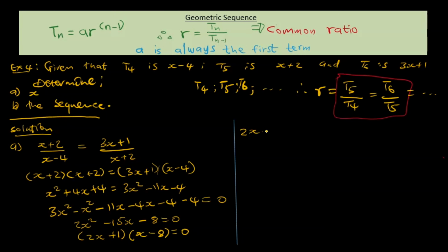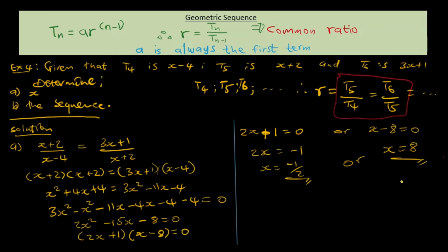2x plus 1 equals 0, or x minus 8 equals 0. Okay, so x is equal to minus 1 over 2, or x is equal to positive 8.